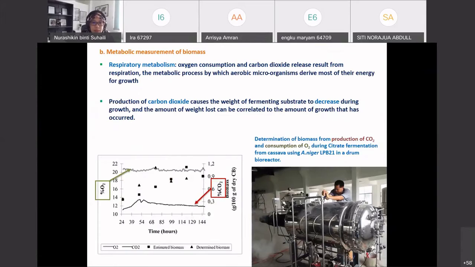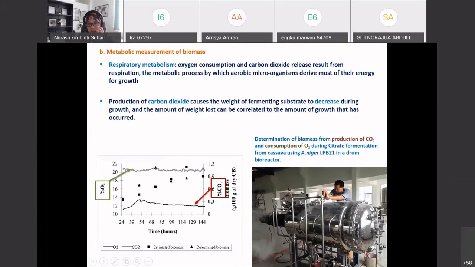Another way is by measuring the metabolic rate. For example, the oxygen consumption, carbon dioxide release. Okay, oxygen consumption, if the SSF is aerobic, meaning it consumes oxygen. So this is actually more common for large scale SSF.